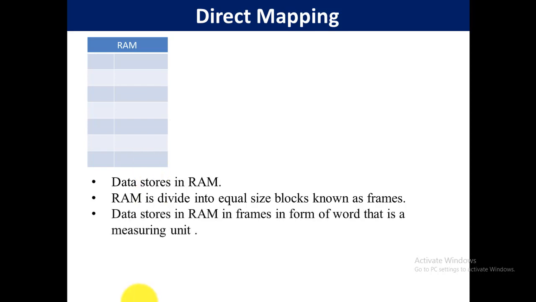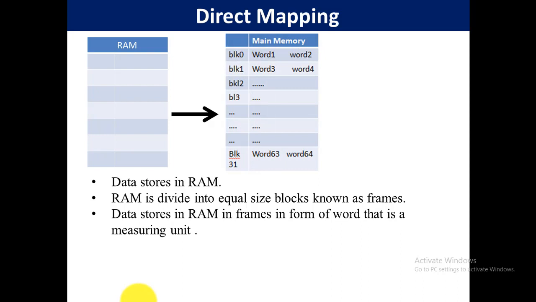Data is stored in RAM in frames in the form of words. That is a measuring unit. As you can see, this is the main memory, and here we divide the memory into equal frames. Each frame is known as a block.